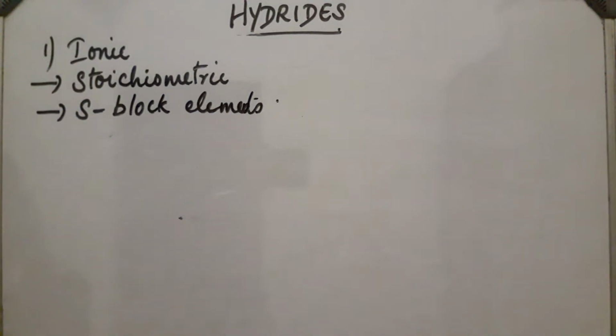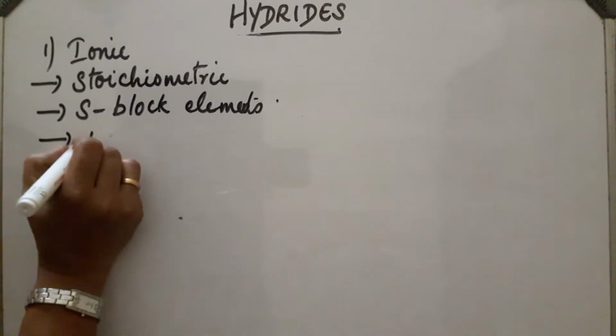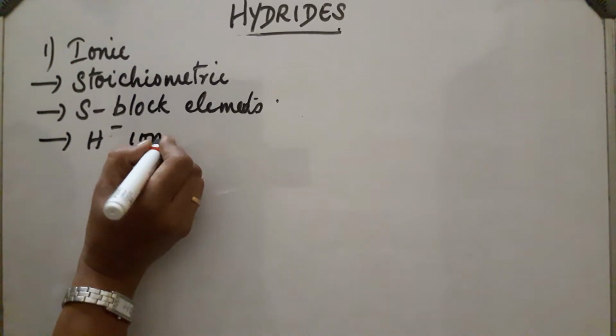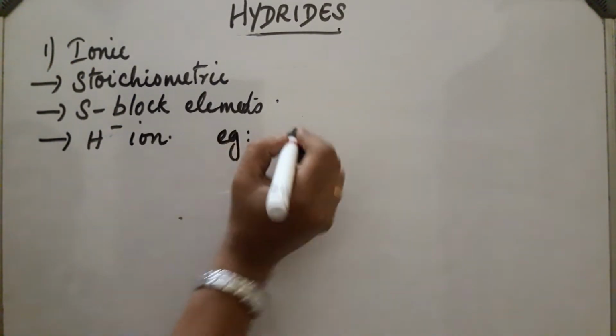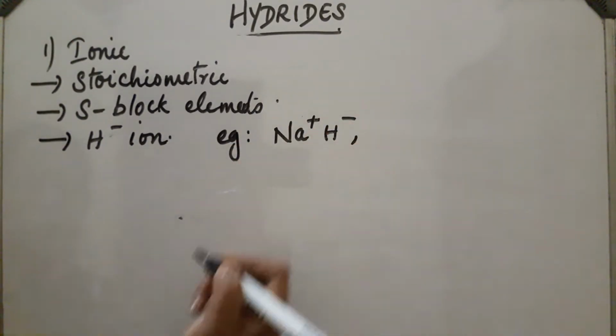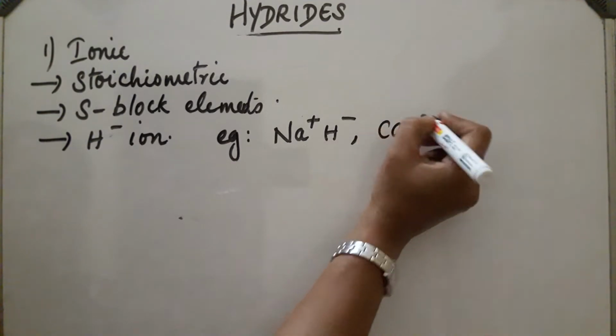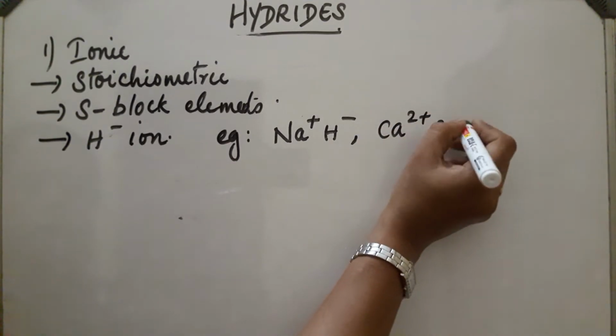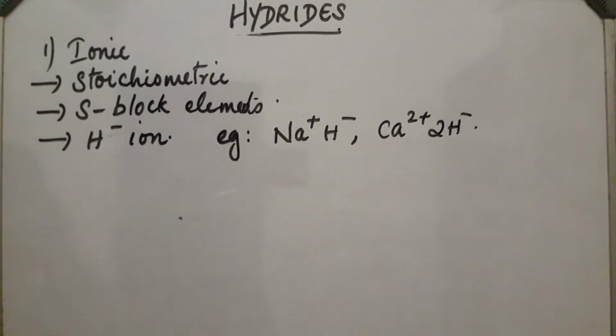During the formation, there is a transfer of electrons from metals to hydrogen atoms and H minus ion is obtained. Example, in the case of NaH, Na plus and H minus ions are formed. In the case of Ca, Ca2 plus and 2H minus ions are obtained.